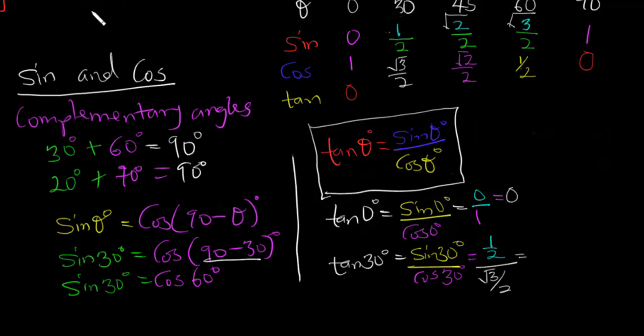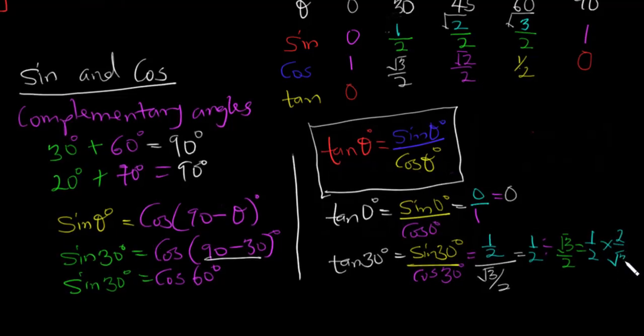Now let me write this well. That is like this: half divided by root 3 out of 2. So I can change the division sign to multiplication, so that I'll have half times 2 out of root 3.